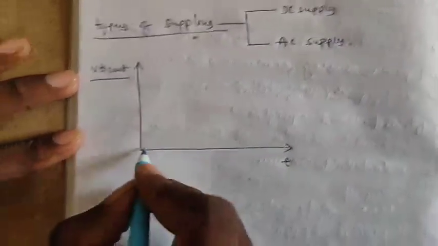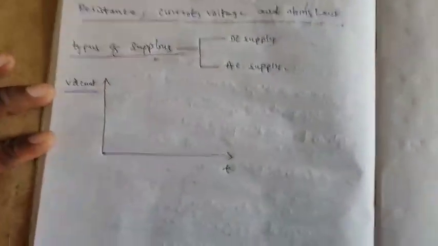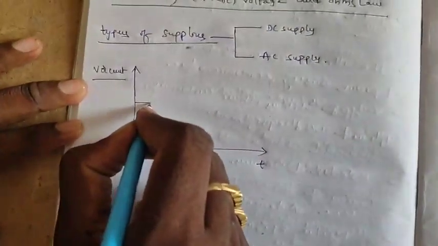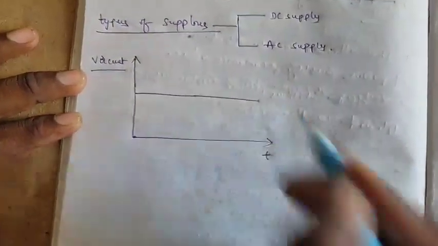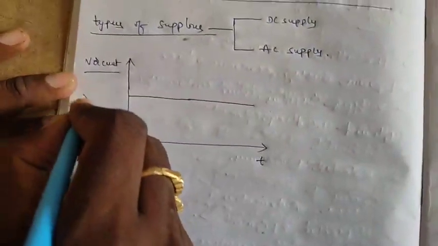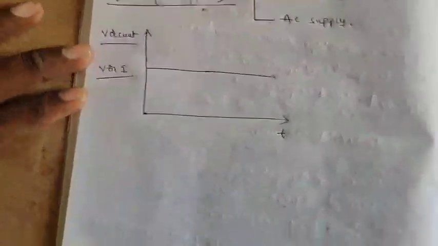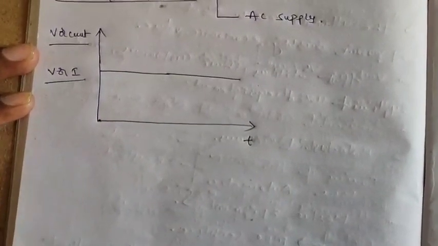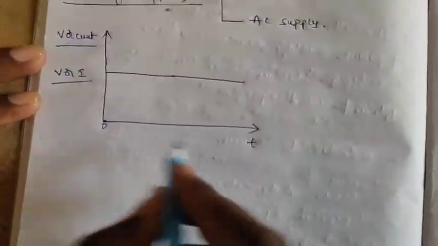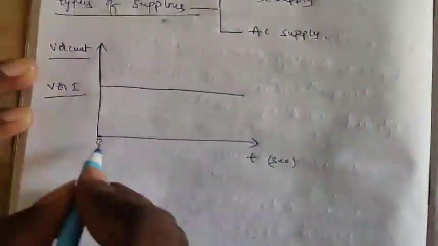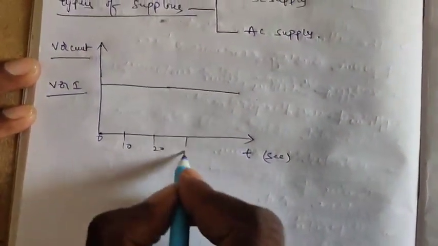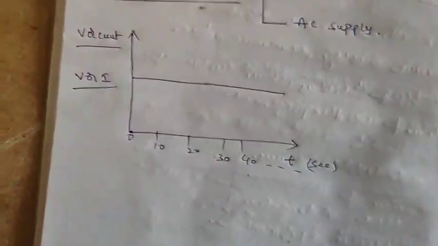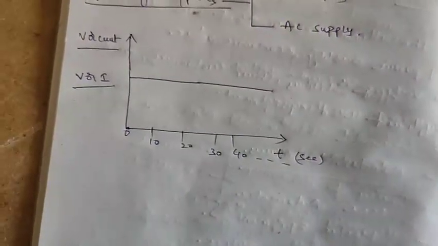If you plot from 0 seconds to infinity, the value of voltage or current is independent of the time. Suppose I take time in seconds: 0, 10 seconds, 20 seconds, 30 seconds, 40 seconds, and so on, up to t seconds.